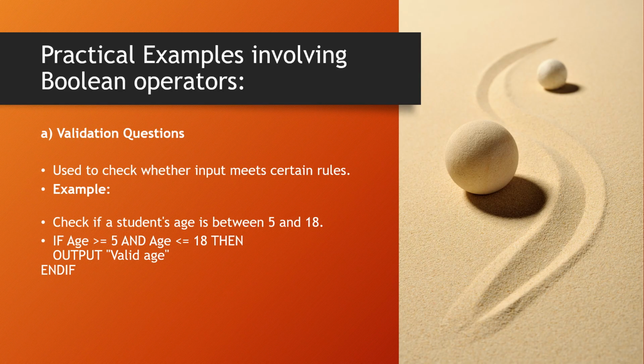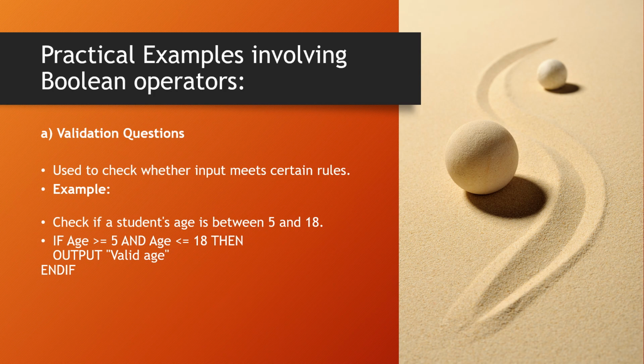Let's work on some more examples using the Boolean operators. For example, these are used where validation is required, used to check whether input meets certain rules. Example: check if a student's age is between 5 and 18.